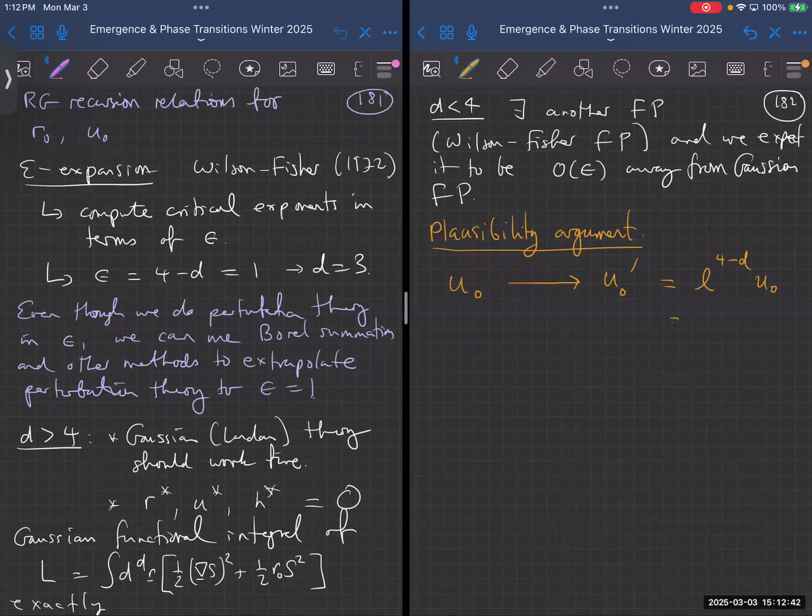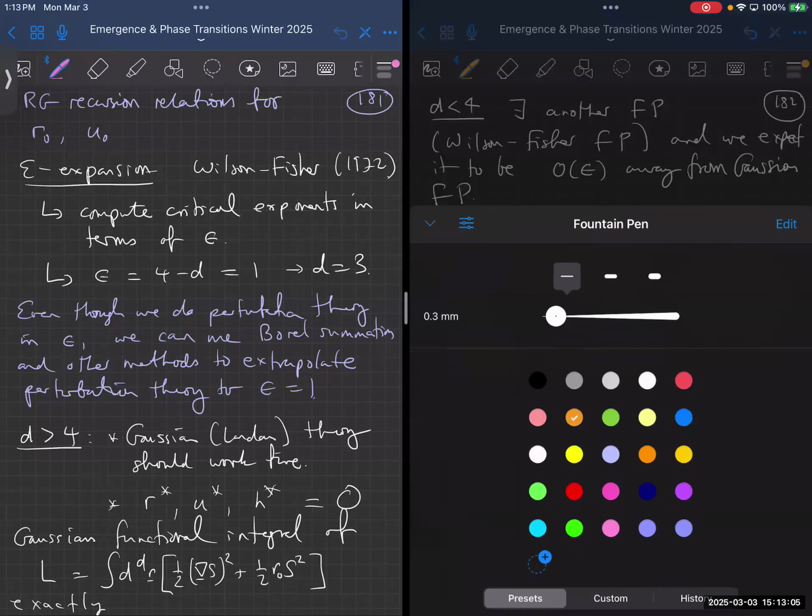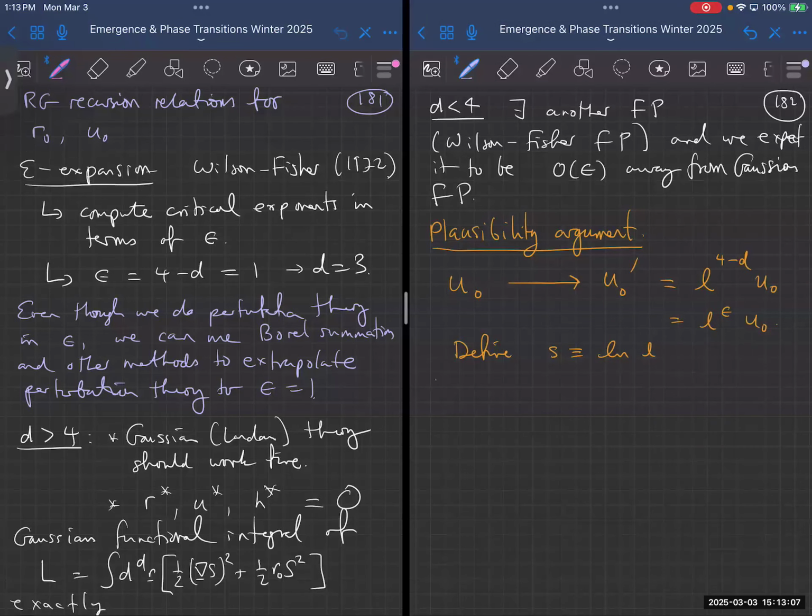Well, I can write this then as L to the power epsilon times U0. So remember we talked about the differential renormalization group a week or two ago. If I were to write this in differential form, let's define S to be the logarithm of L. If I make that definition, then I can write the recursion relation in differential form.